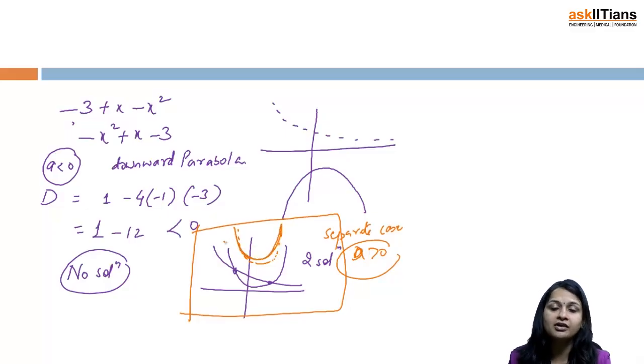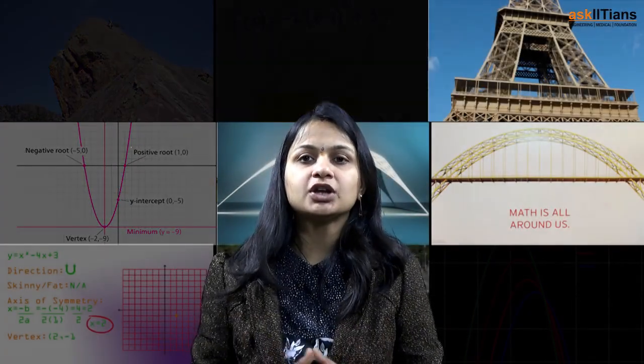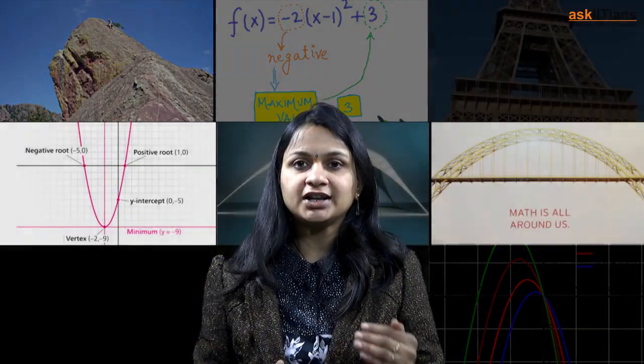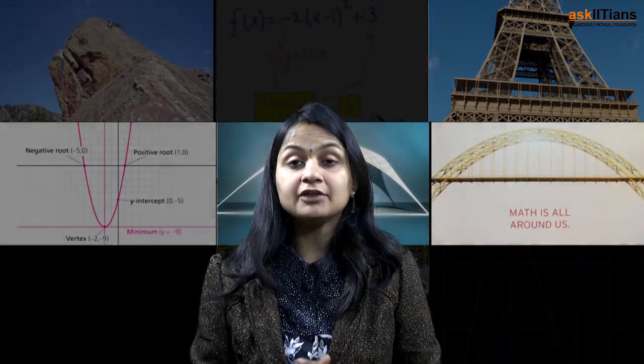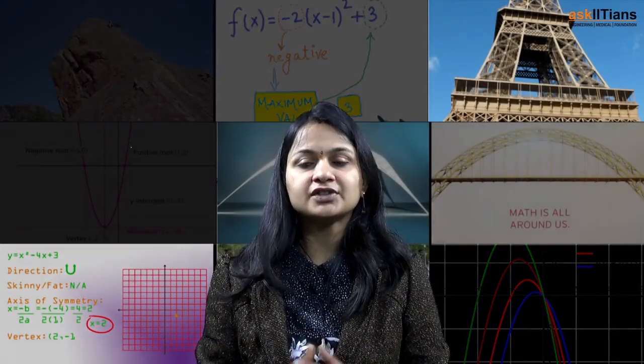So we have to draw the graph very accurately and then we can really find out how many solutions it will have. Students, I hope you are clear with the first application of graphical representation. Whenever you have an equation of the form f(x) equal to g(x), where f(x) is quadratic and g(x) may be any other type of equation, and we have to find the number of solutions, we just draw the 2 graphs and find the number of intersection points.